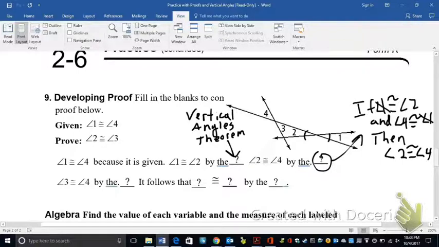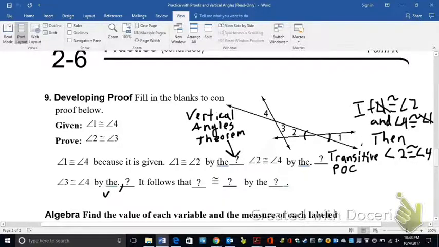Again, we're crossing out the middlemen, and we're ending up with 2 is congruent to 4, and that is the transitive property of congruence. Why congruence? Because we look at the sign. If it was an equality sign, we'd be doing the transitive property of equality. Because it's a congruent sign, we're doing the transitive property of congruence.